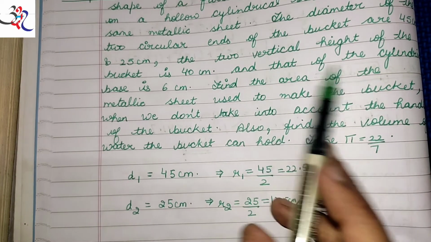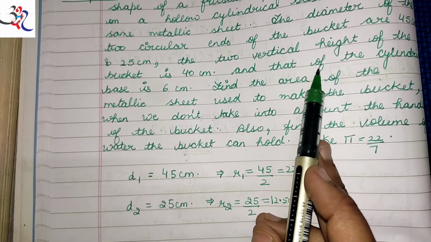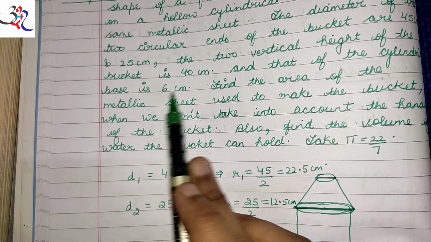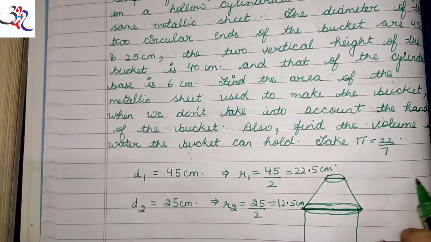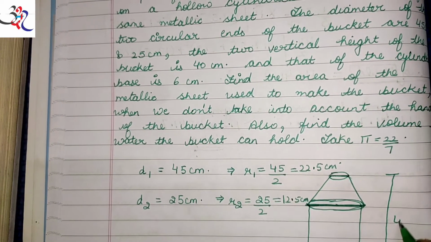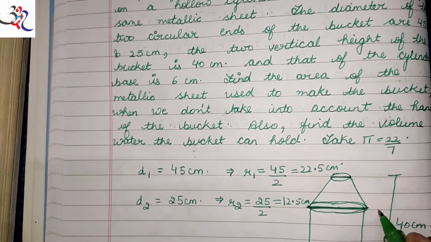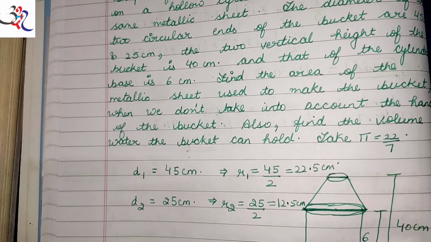The vertical height of the bucket is 40 centimeter and that of the cylindrical base is 6 centimeter. So the total height of the figure is given to us equal to 40 centimeter, and that of the cylindrical part is 6 centimeter.